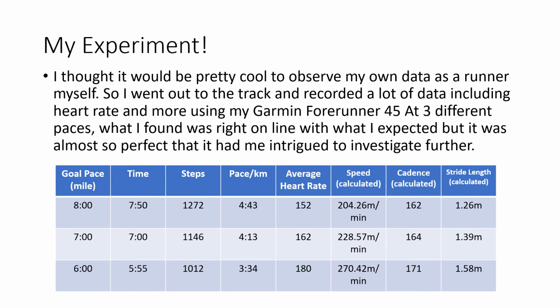All right, so there's a few trends in the data that I think you should notice. When I did my 8-minute mile, I took more steps than when I was doing my 7 and 6-minute mile. And obviously my heart rate went up, that's expected, but what I want you to notice is how the cadence goes up only 9 steps per minute over the course of dropping 2 minutes off my mile time.